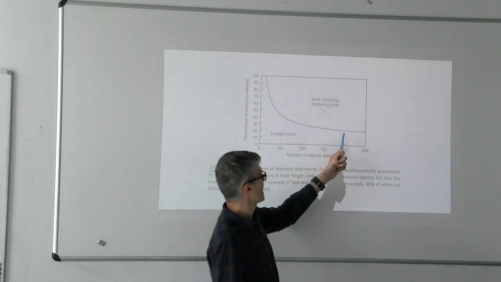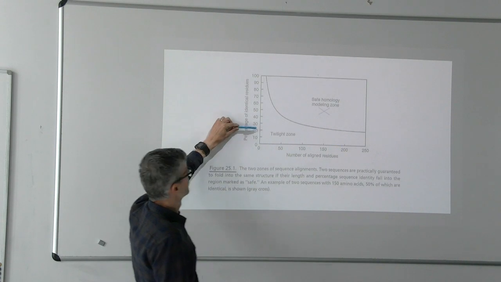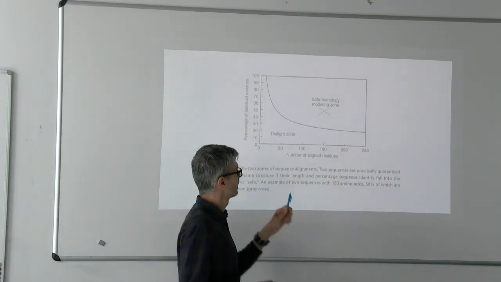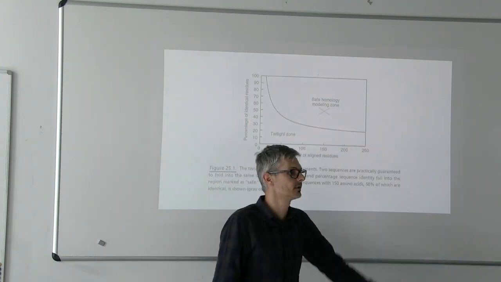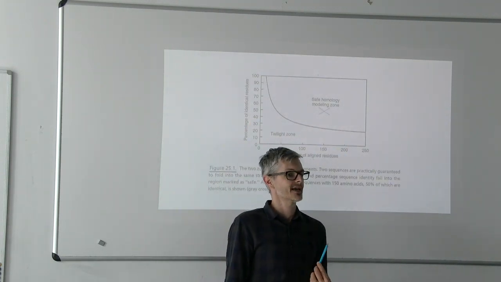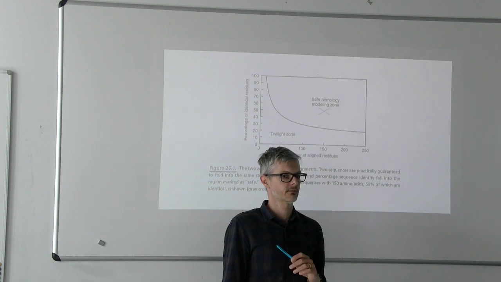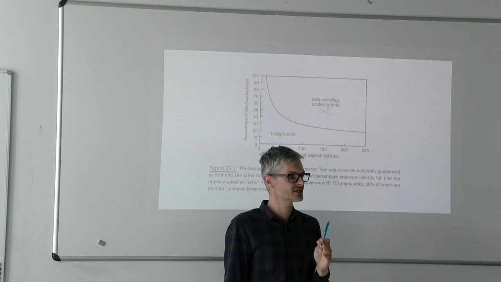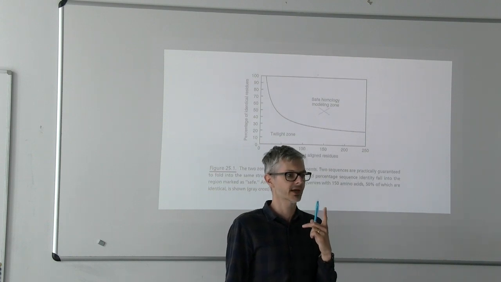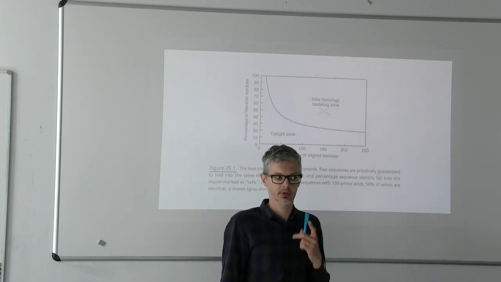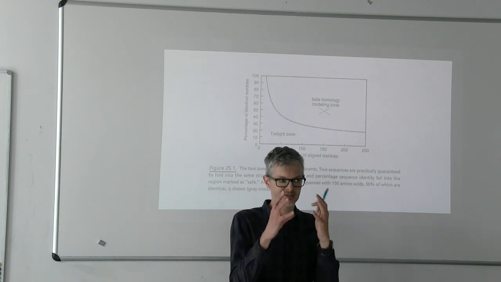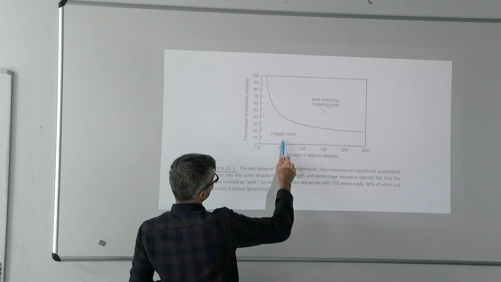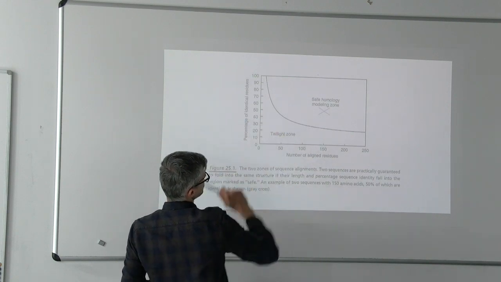And you can already see in most cases, the threshold is between 20-30%. You could say 25%. In most cases, I say above 30, it's safe. So above 30%, it is possible, especially if you use more than one template, more than one structure, to build a model and get an idea of how the protein is built. If the protein is very small, then it might require a higher sequence identity.